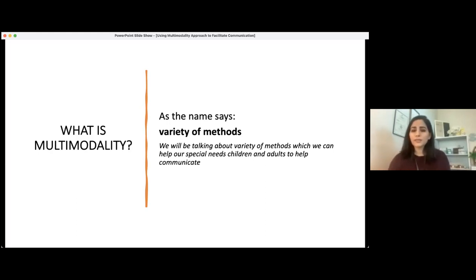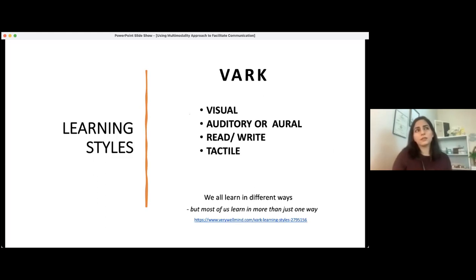And this concept is based off of a model which has been very referenced and become popular recently about our learning styles.